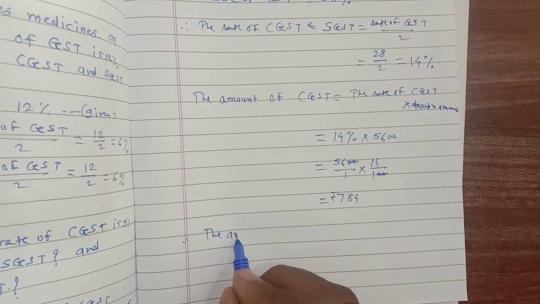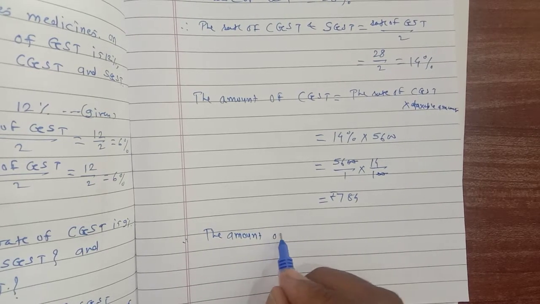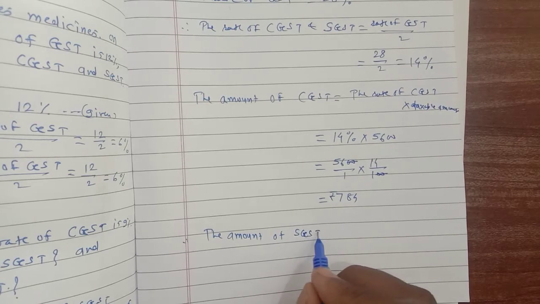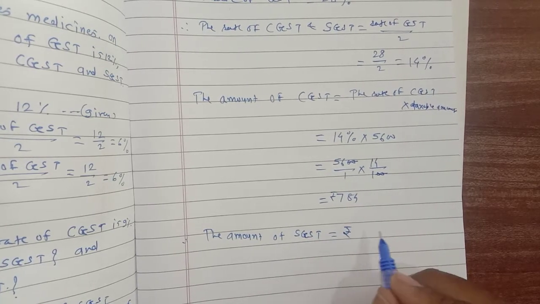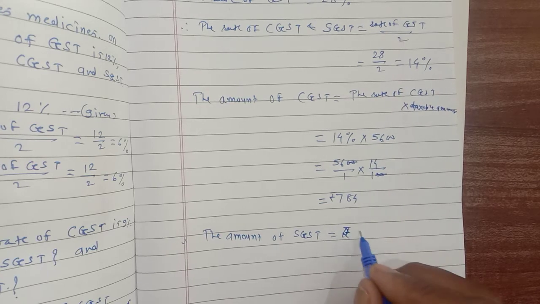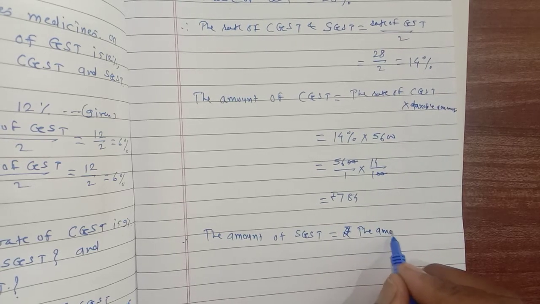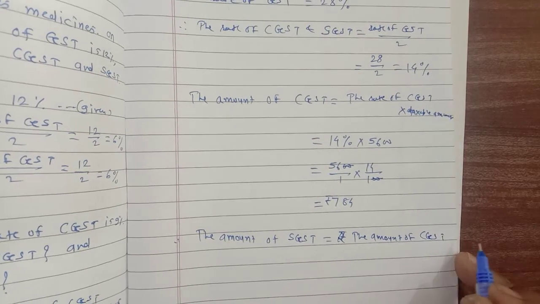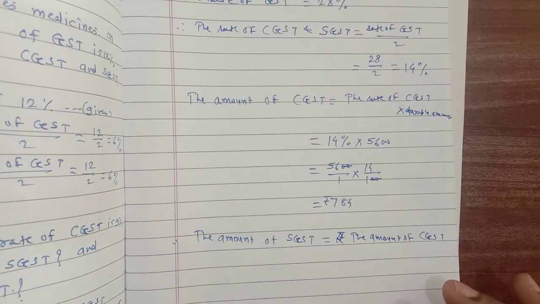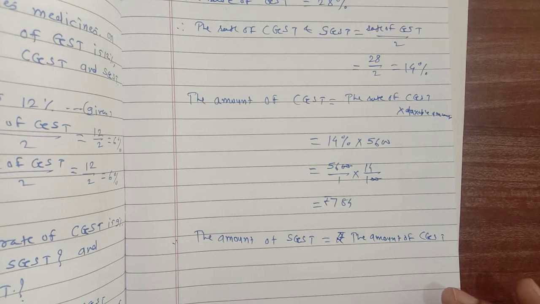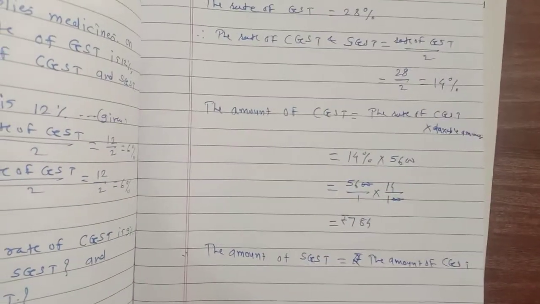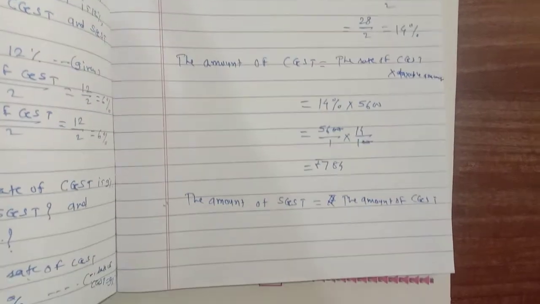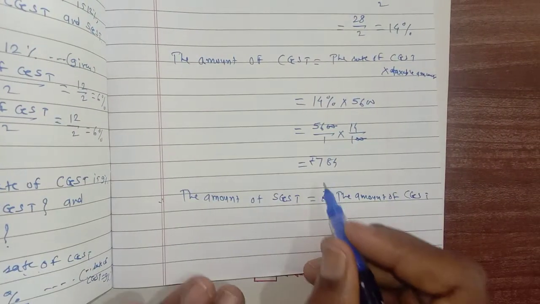Therefore the amount of SGST is equal to also the amount of CGST. म्हणजे SGST आणि CGST अमाउंट ऑफ CGST आणि SGST ची किंमत सेम असणार आहे.